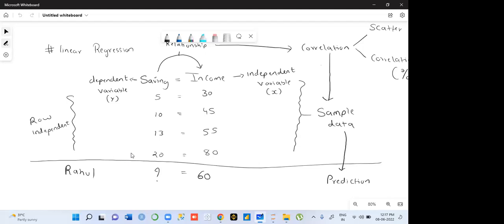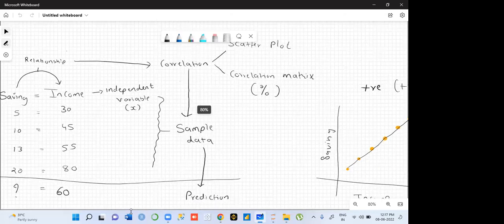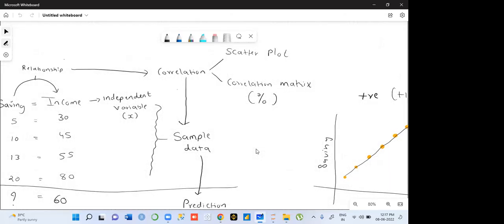What is the range of correlation, guys? -1 to +1. We'll do it in the maths also, guys. I've just taken a small scenario for you. Here we have a scatter plot relation, then we have a correlation matrix. Scatter plot only gives us the direction, whether we have a positive relation or a negative relation.